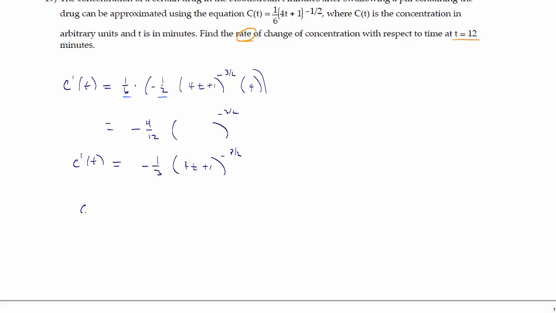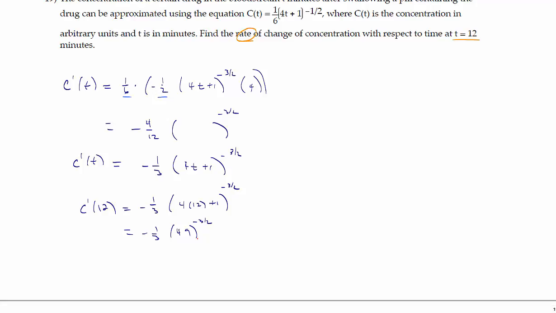So I have c prime of 12 equals negative 1/3, 4 times 12 plus 1 to the negative 3/2. Computing what's inside here first, that gives me 49. So now I need to have 49 to the negative 3/2. And like I said, you can plug that into your calculator to get the answer.